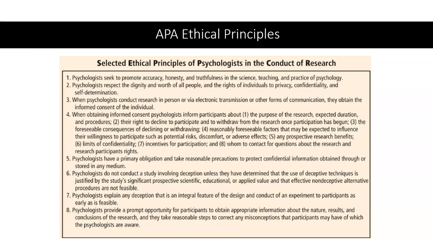We have to disclose the benefits of the research to the participant. We have to explain how confidentiality is going to be maintained. We have to explain, are there any incentives for your participation? So for college students, that's often extra credit or course credit. And finally, we have to provide easily accessible access to people who can answer questions about the research and their rights as participants.